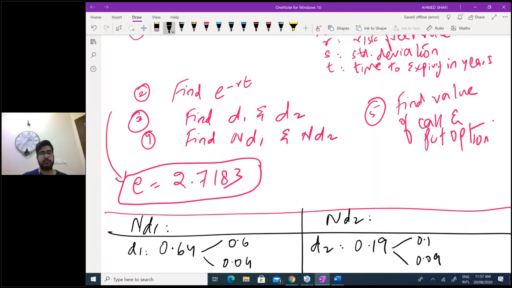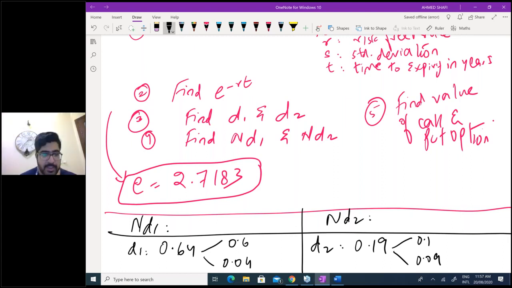How should I know that? Let's suppose d1 is 0.23. How will you break 0.23? 0.2 and 0.03. Let's suppose it's 0.71. How will you break? 0.7, 0.01. Let's suppose it's 0.65. How will you break? 0.6, single decimal, 0.05. Let's suppose it's 0.83. How will you break? 0.8, 0.03.